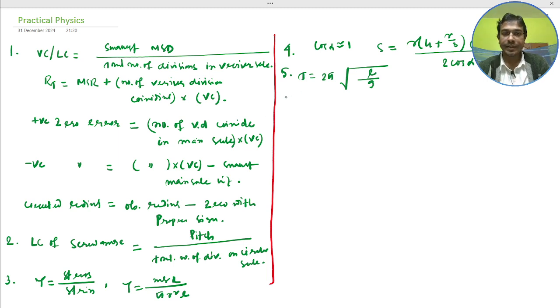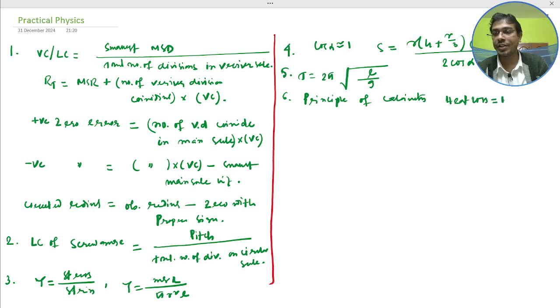And next, the principle of calorimetry, which states that heat loss is equal to heat gain.